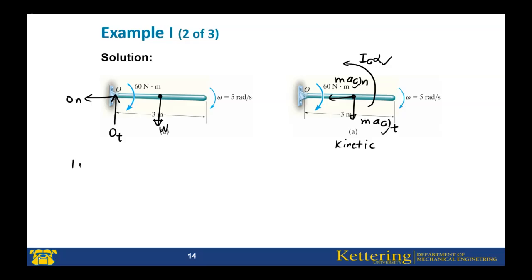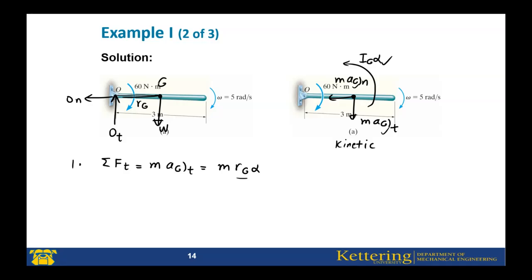Now, first equation, summation of the forces along T equals m a_G tangential, or m r_G alpha. r_G is the distance between G and the center of rotation. This is r_G.